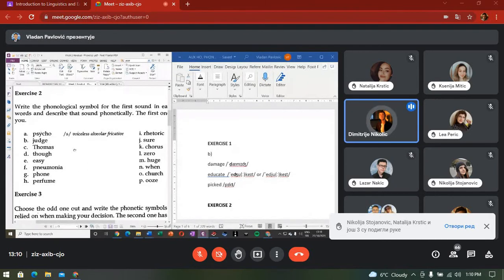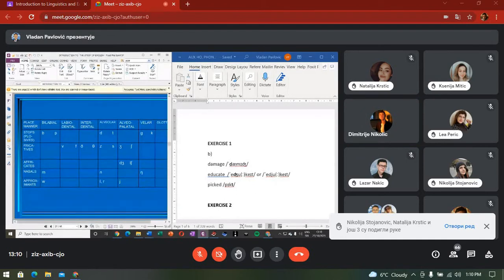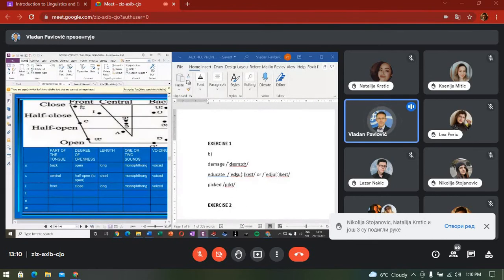As for the degree of openness of the mouth, it's half open. No, it isn't. Is it not? No, it isn't. So let's find it here. It's somewhere here. So long e is here in the upper left corner of this diagram. The doctor would never tell us to say e.